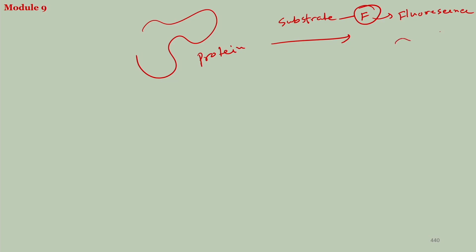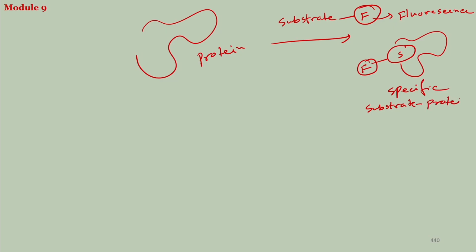Then what you can expect is that your substrate would be here, S for substrate, attached with the fluorescence, and this substrate should show specific substrate protein binding, and you should see the fluorescence.